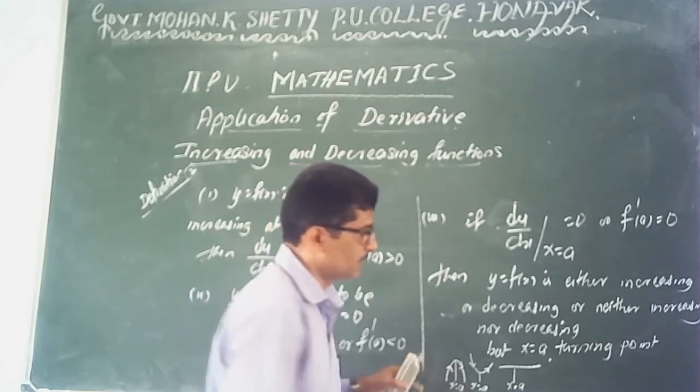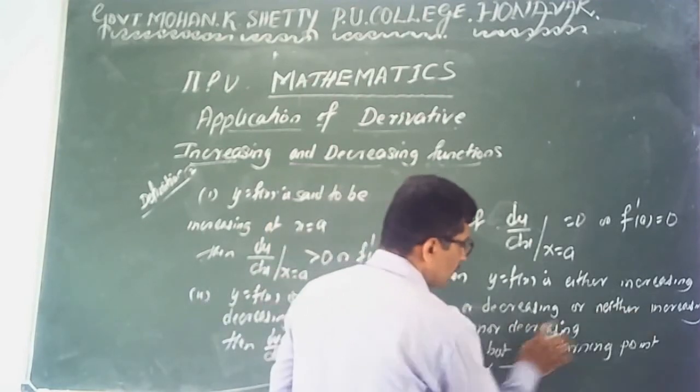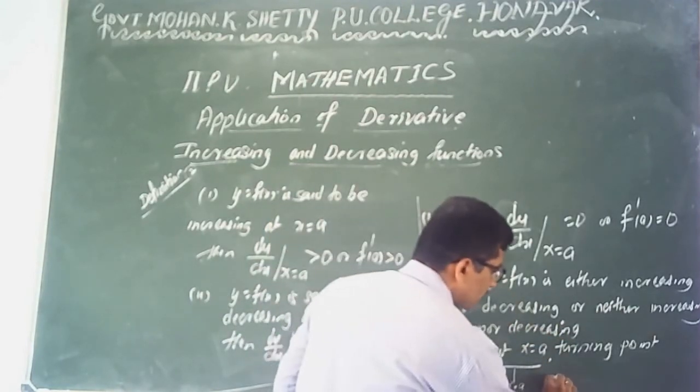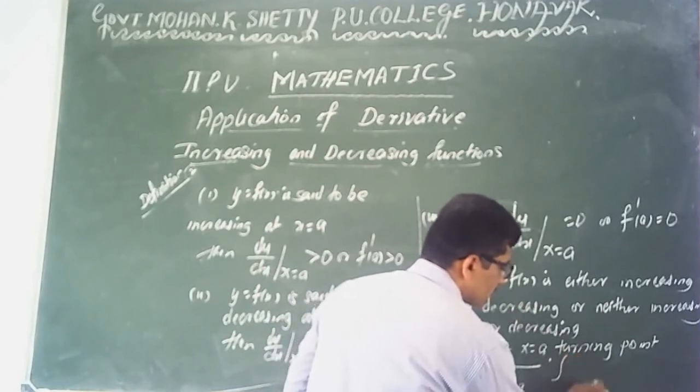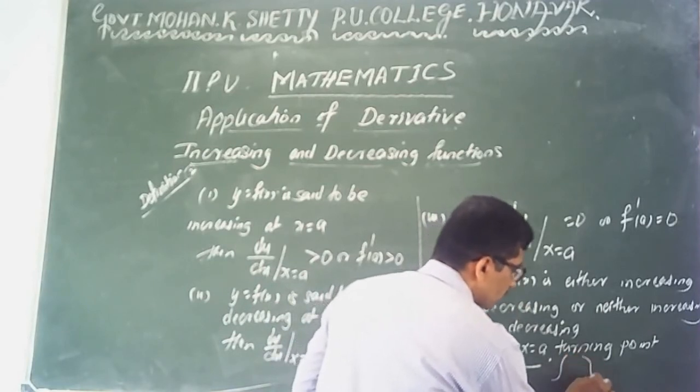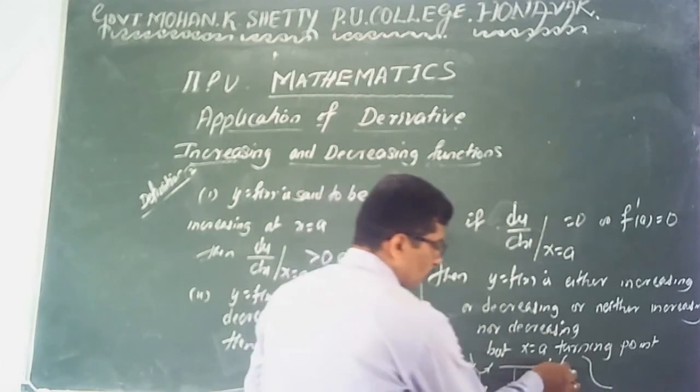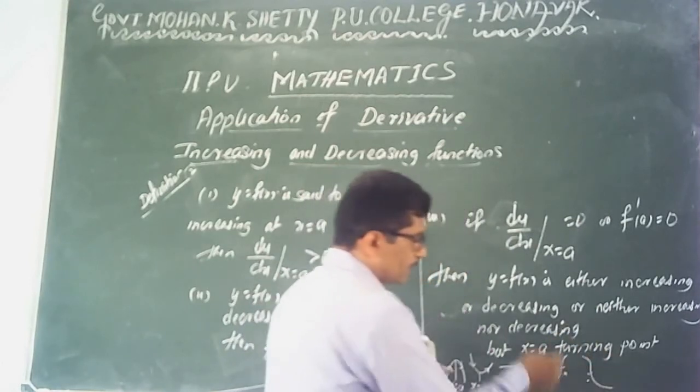All these are neither increasing nor decreasing. Or sometimes here you get this value is like this, or this one is curved like this. At the point x is equal to 0, it turns, the change.